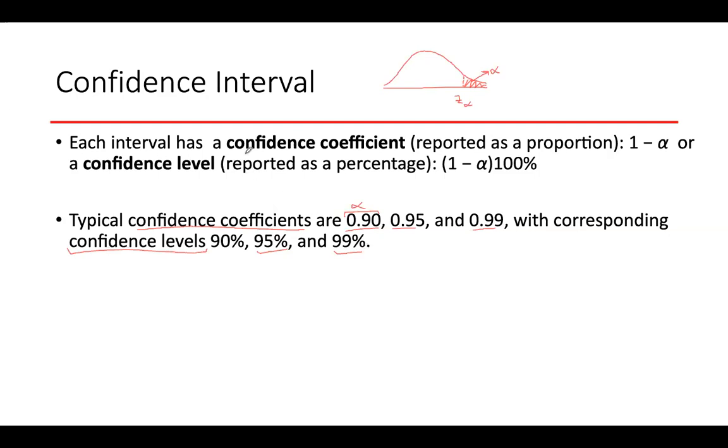We have two things, confidence coefficient or confidence level. One of them is described as 1 minus alpha, okay? So if I say alpha is 0.05, then this part will be 0.95, okay?